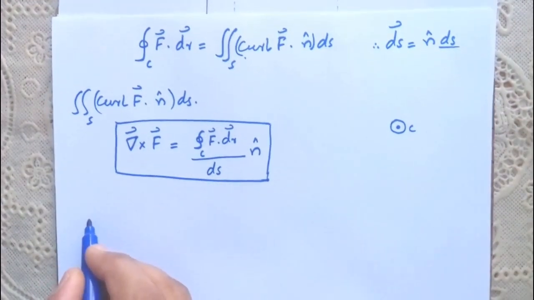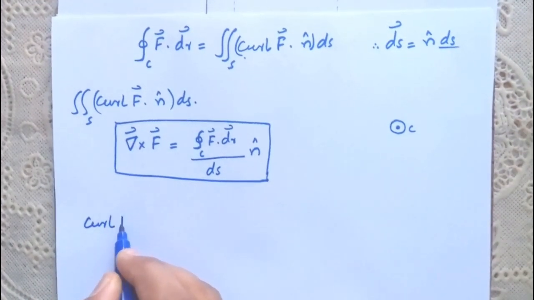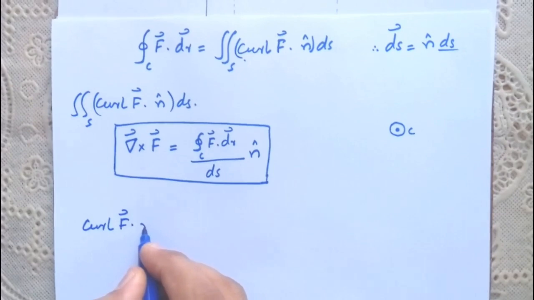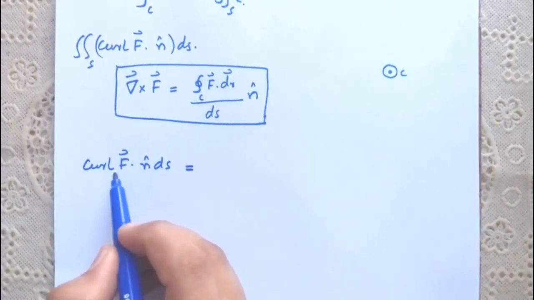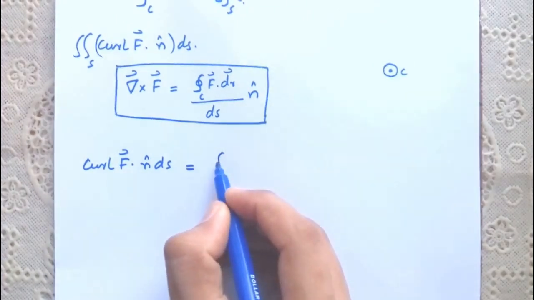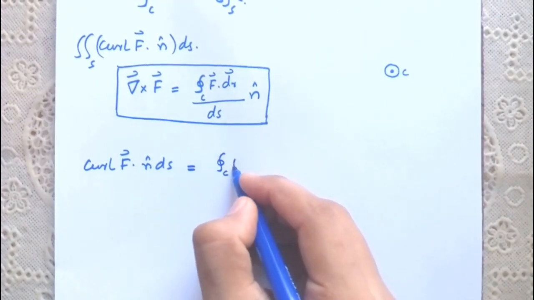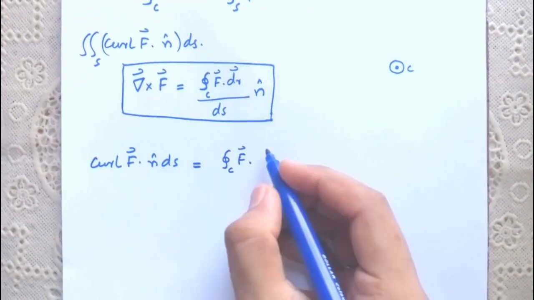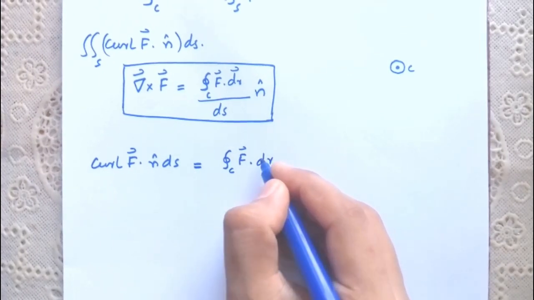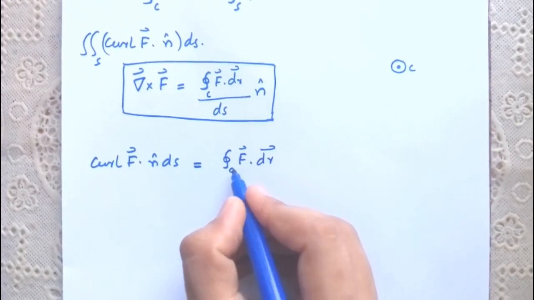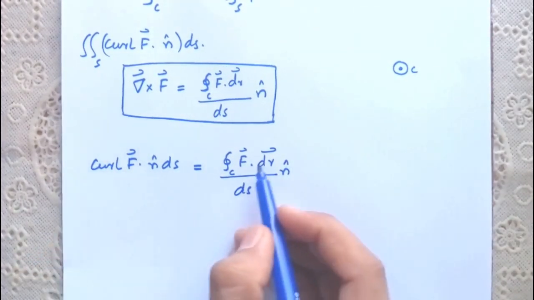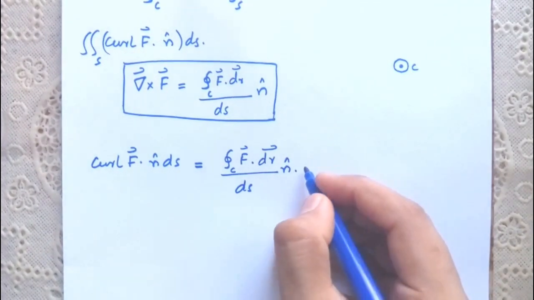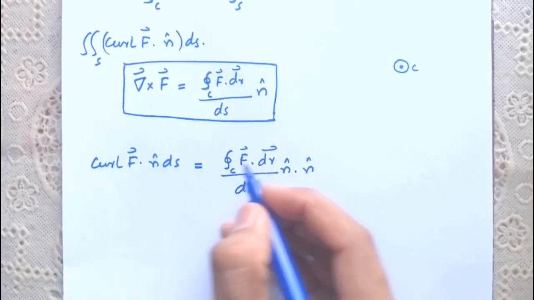Now curl F dot n cap dS, and it is equal to what is curl? So line integral over the closed curve C at a point of vector field F dot dr divided by dS, n cap. This is curl dot n cap dS.